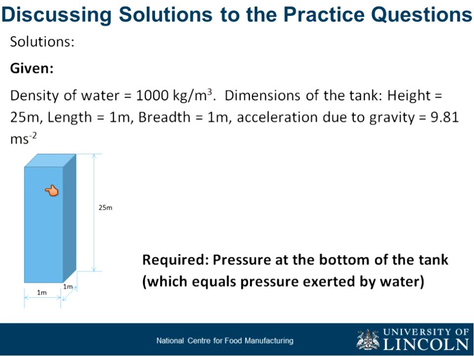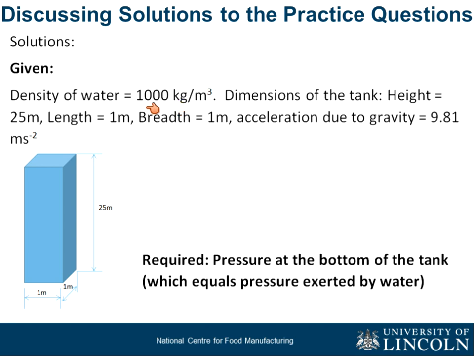Now, we need to know the weight of the water. If we know the weight of the water, then the area is straightforward. Area is 1 multiplied by 1, it's 1 meter square. We do not have any problem with the area. But what we need to know is how do we know the weight of this water? And don't forget, we'll be given the density of water. And if we are given the density of water, you can see something is coming out.